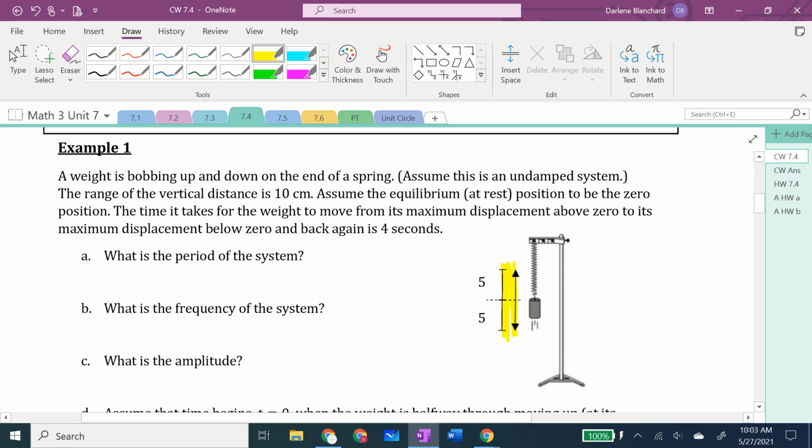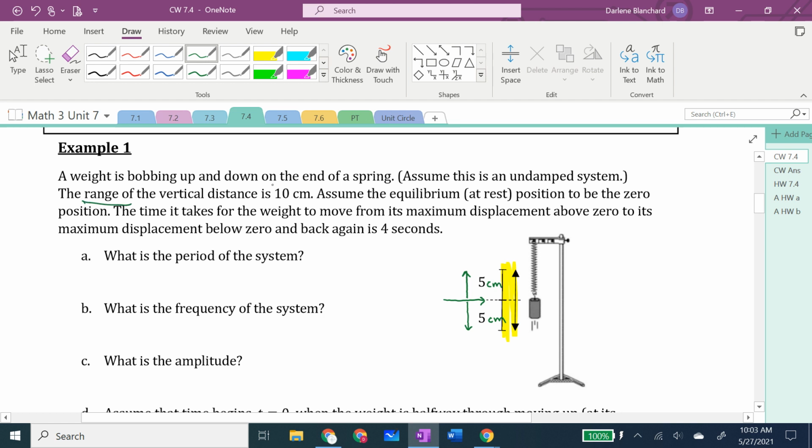Now, the range of the vertical distance is 10 centimeters. And you can see in the drawing that what that's referring to is there's a midline, and it goes up from that midline by 5 centimeters, and it goes down from that midline another 5 centimeters.